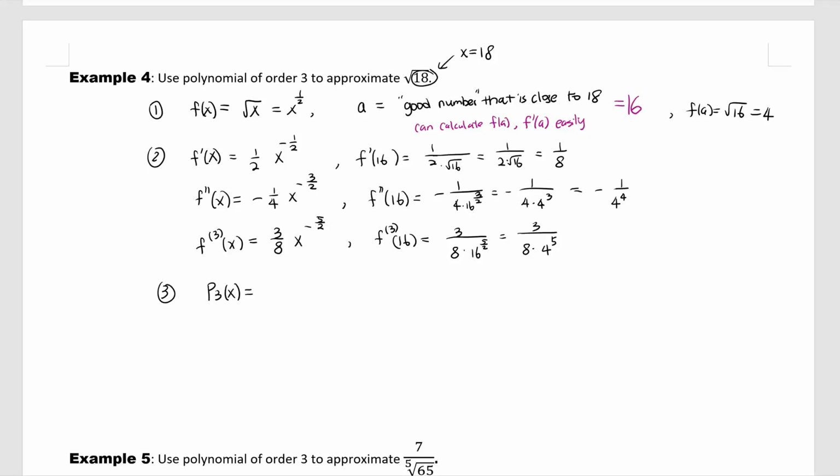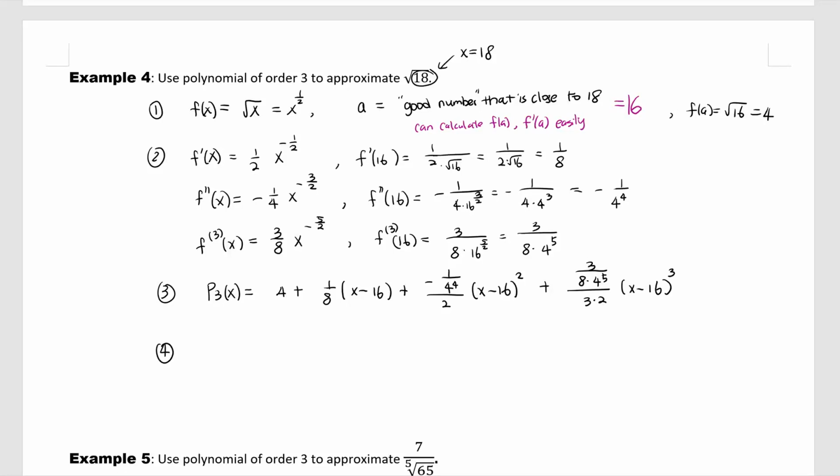P3 of x is f of a plus f prime of a times x minus a, plus f double prime of a over 2 factorial times x minus a squared, plus the triple derivative, where we plug in 16, so 3/8 over 4 to the 5th, over 3 factorial, so 3 times 2, and then x minus 16 cubed. So this is what we get. So far, so good, everybody?